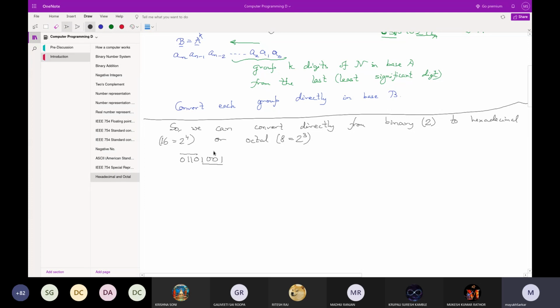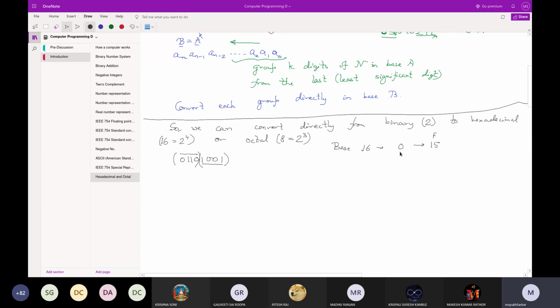Obviously, 8 bits, if you divide 8 by 4, you will get 2 groups simply. Now you can convert each of these groups straightforwardly to hexadecimal, and this conversion is straightforward because in base 16 the digits vary from 0 to 15, where 15 is the corresponding F.